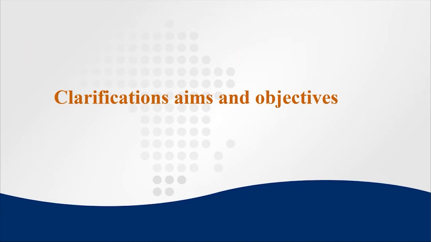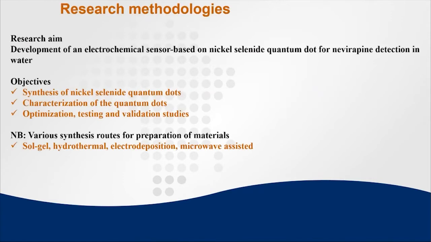So in order for us to fully understand the methodologies in hard sciences, we need to be able to clarify the aims and the objectives of the work. For example, the research aim in this case will be the development of an electrochemical sensor based on nickel selenide quantum dot for nevirapine detection in water.